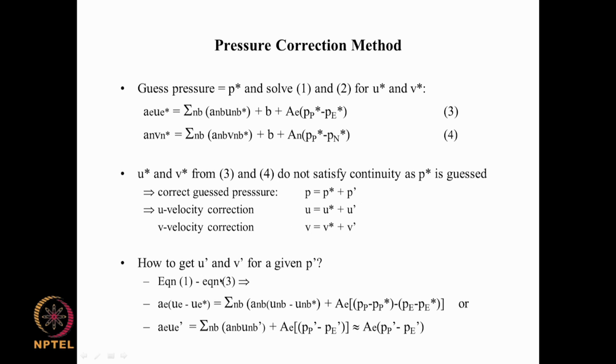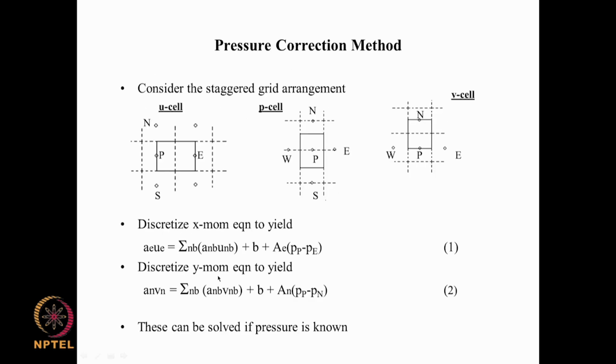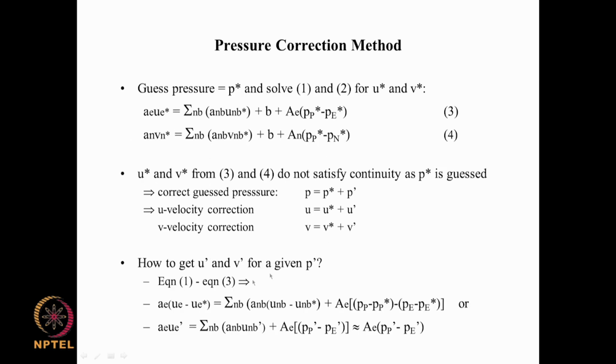For example, if we subtract this from this equation, you get AE times (UE minus UE star) equal to sigma NB ANB times (UNB minus UNB star), and again PP minus P star P and PE minus P star E. So those terms will come here.